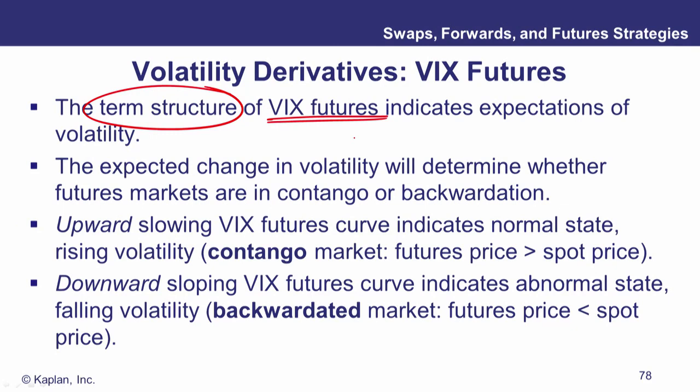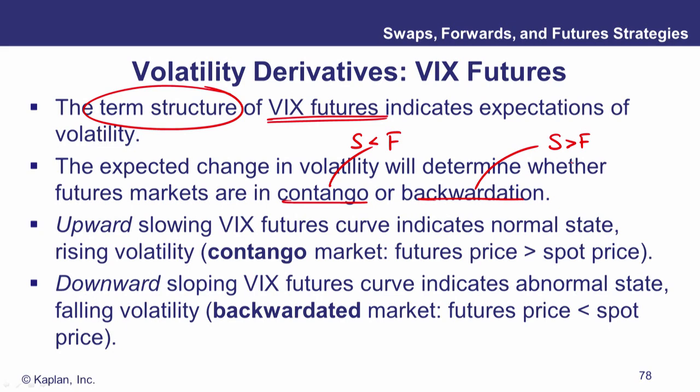We can take and use terms from futures markets that we've used before, terms like contango, where futures prices are increasing as we go out in terms of delivery. So futures are greater than what volatility currently is, essentially spot volatility if you like. And we can borrow backwardation as well. That's where futures prices are below currently where volatility levels are.